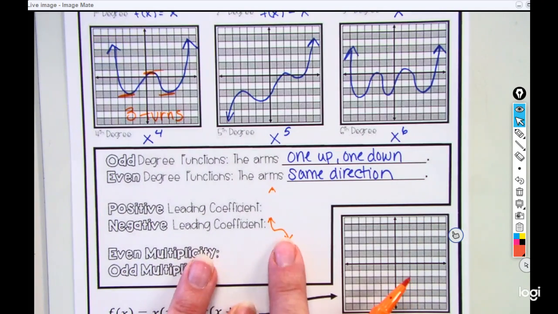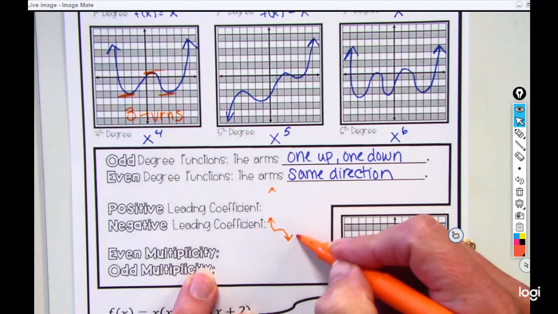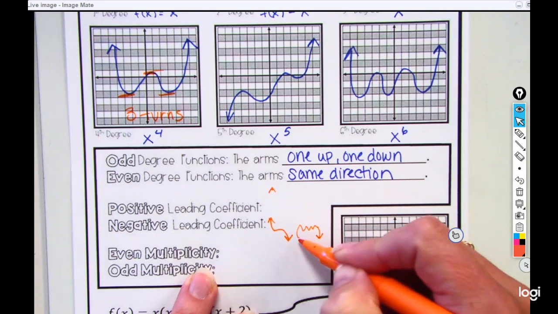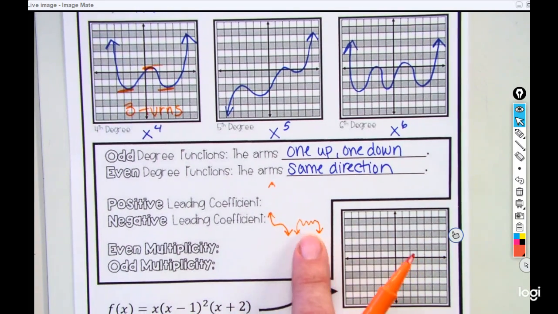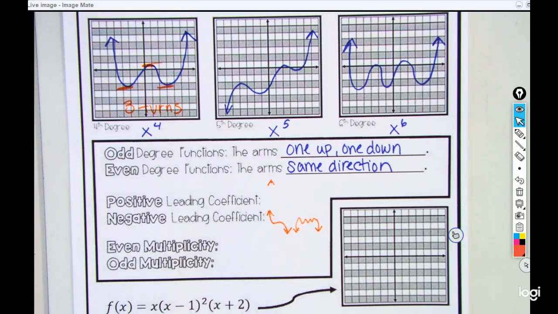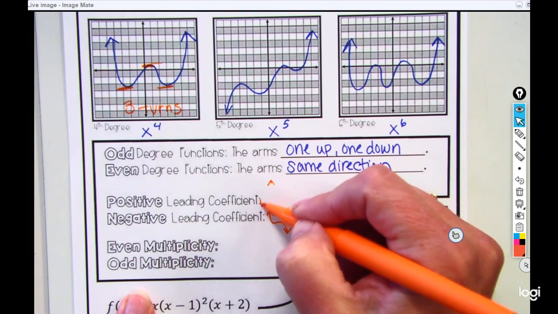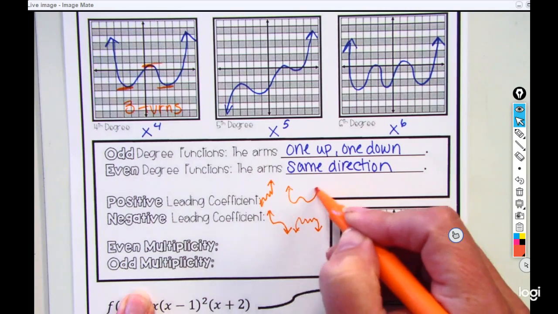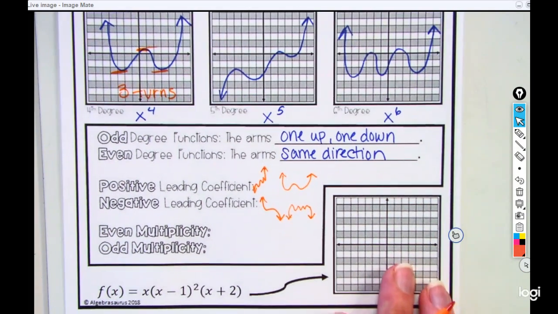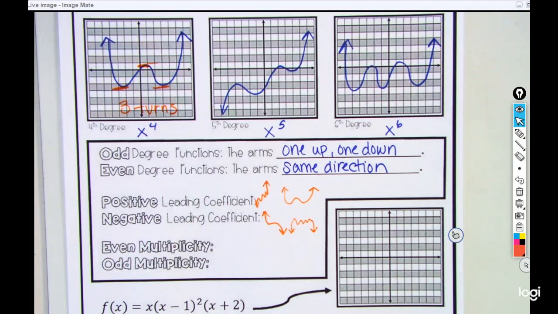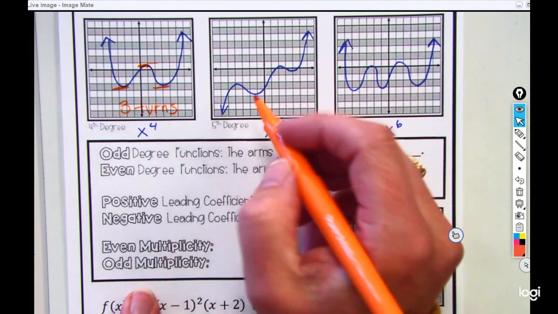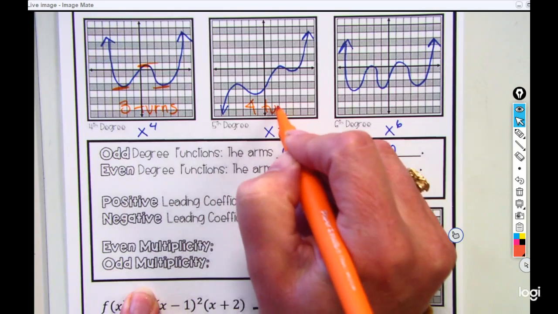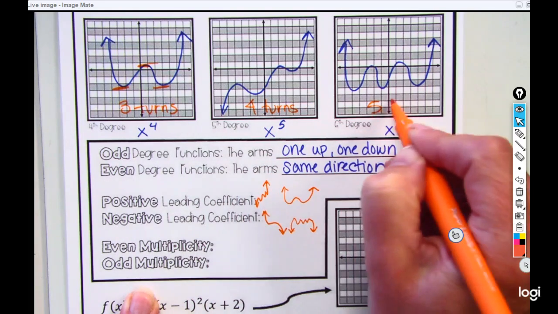That would be a negative. Or who cares how many turns are in there? But both arms would be going down. Positive, and positive. Because my OCD is at work, I'm going to say 4 turns, 5 turns.